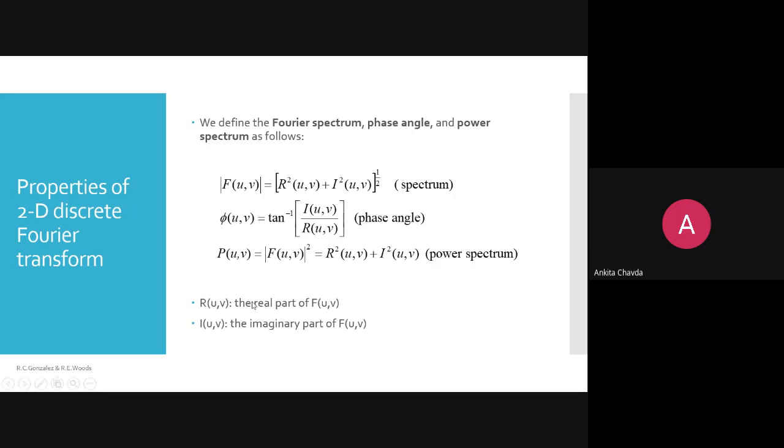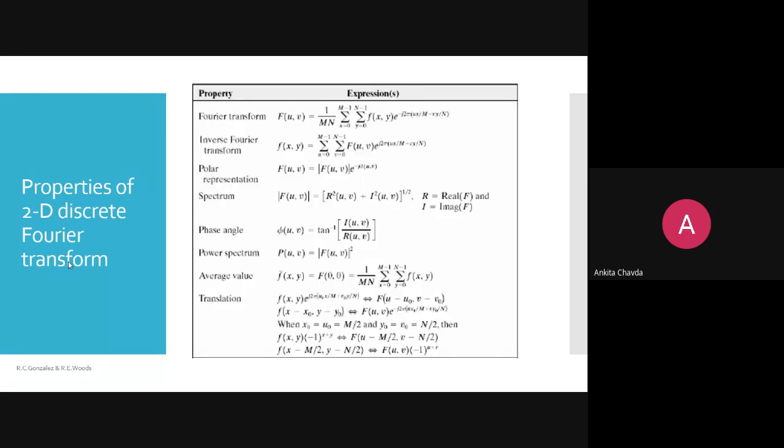So less computation is needed as compared to the spatial domain. What are the properties of the 2D discrete Fourier transform? Do you already know a few of these properties from your maths? If you know any, I'm showing you this. Just check.